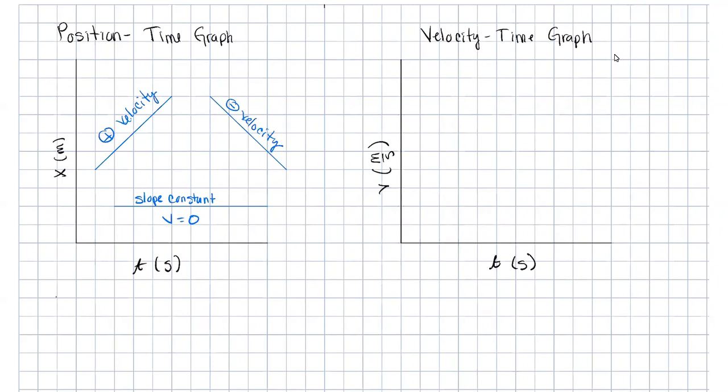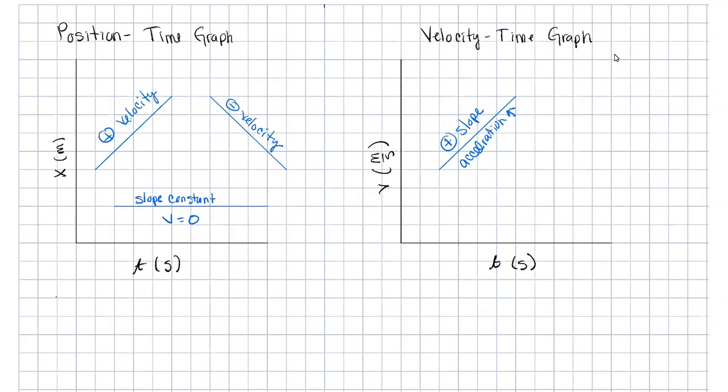Now, if we look at velocity versus time, we're now graphing how fast the object is going. And so if we look at graphs that are the same shape as the one we just looked at, we see that if there is a positive slope, we have acceleration increasing.